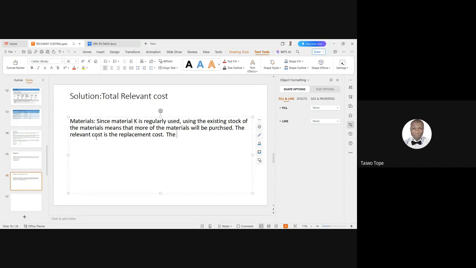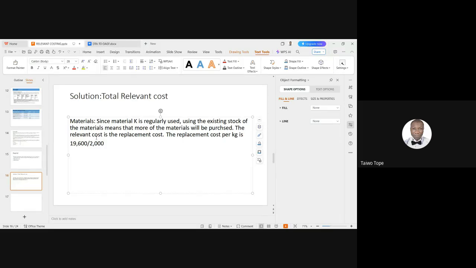So the replacement cost per kg is 19,600 divided by 2,000.